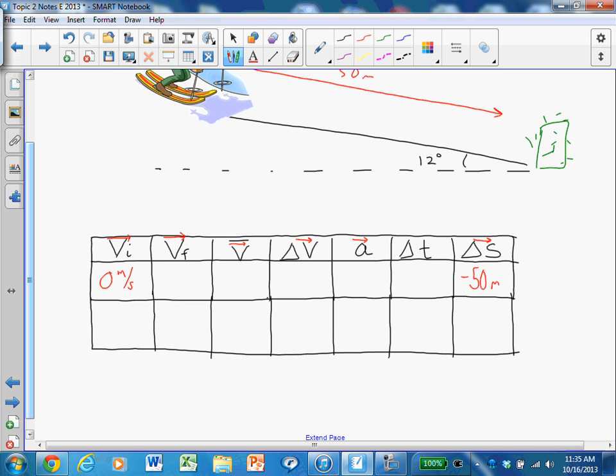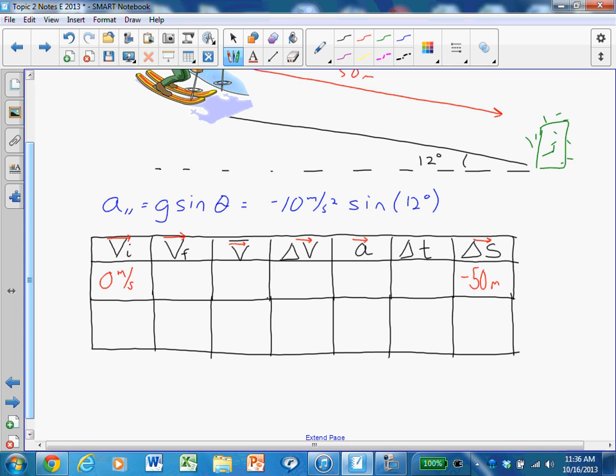We could find acceleration from it because we know that A parallel, that's what that means, parallel, is G sine theta, minus 10 meters per second squared times the sine of 12 degrees. So we just ask the calculator what that is. What is minus 10 times sine of 12?